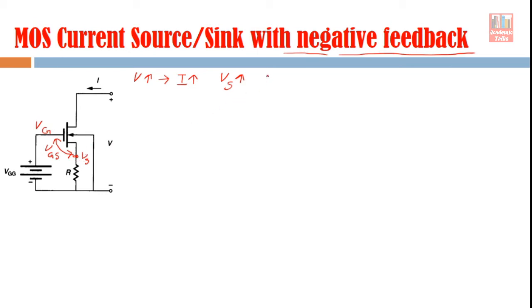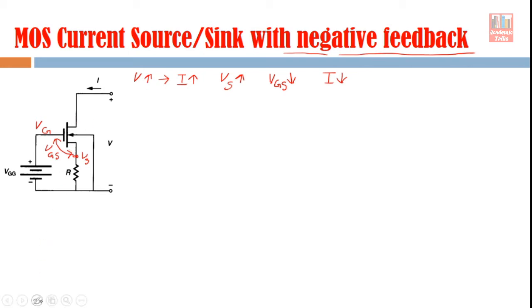It will decrease your VGS, right? And if VGS decreases, what will happen? Your current will decrease, because the current ID is decided by VGS.